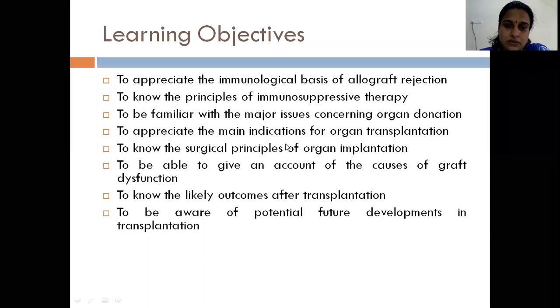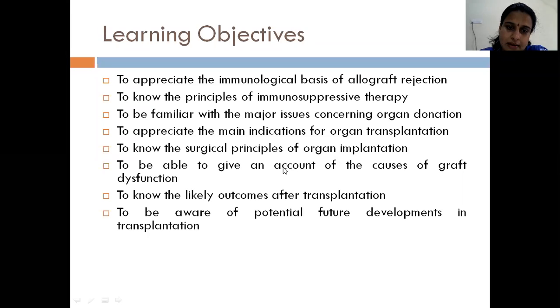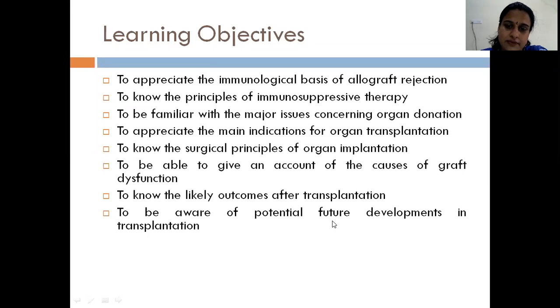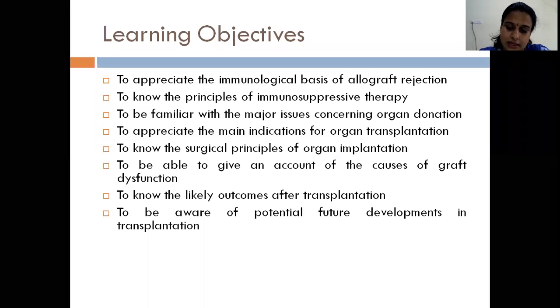Also, the indications for transplantation: why should we go for a transplantation in a particular patient? And a little bit of the surgical principles of organ implantation or organ transplantation. Then the likely outcomes after transplantation and a little bit of future developments. So this is what we're going to talk about in the class today.